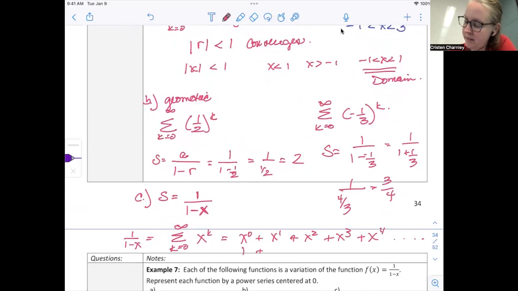So this is 1 plus x, and then all those other things stay the same. This is called the power series.